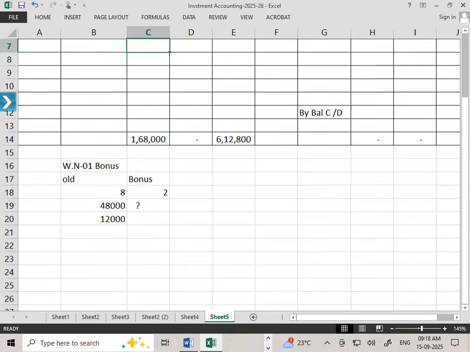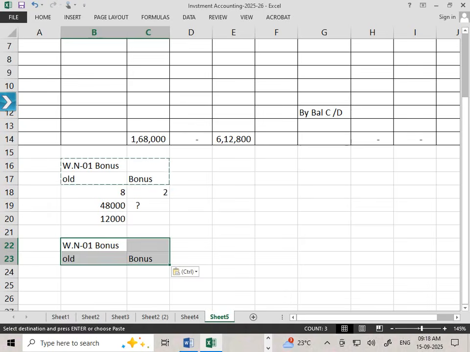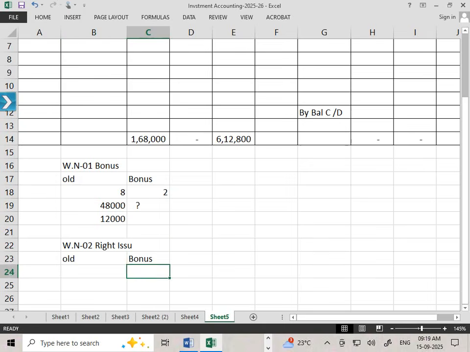So working note number 2, right issue, right shares.